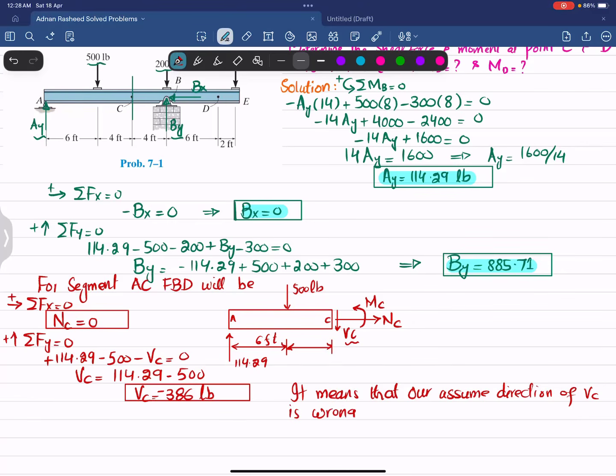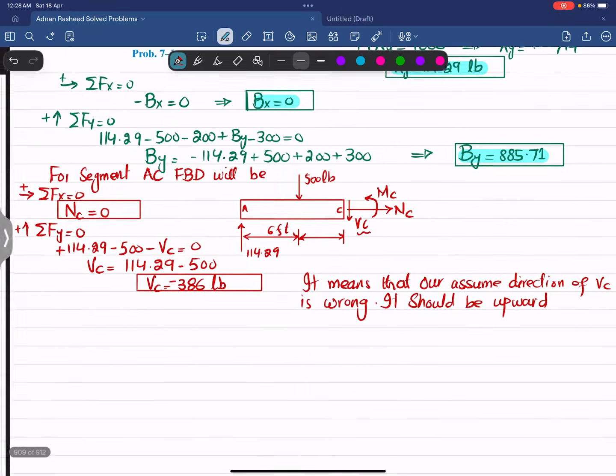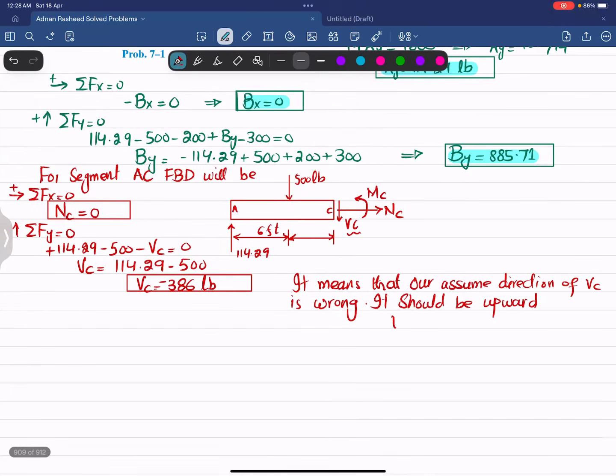It should be upward. So the correct answer is VC equal to 386 pounds upward. Clear? This arrow sign is upward.